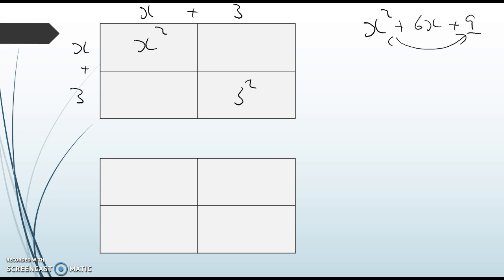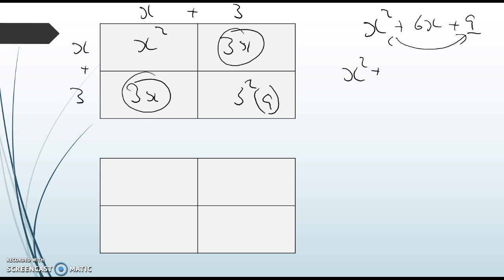We know that x times x is x squared. X times 3 is 3x. 3 times x is also 3x. And 3 times 3 is 3 squared, which is also 9. So let's see if that simplifies down to be what we want it to be. So x squared plus 3x plus 3x is 6x, and 3 times 3 is 9, so plus 9.